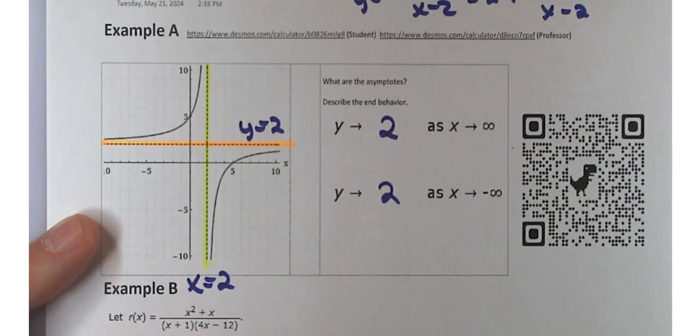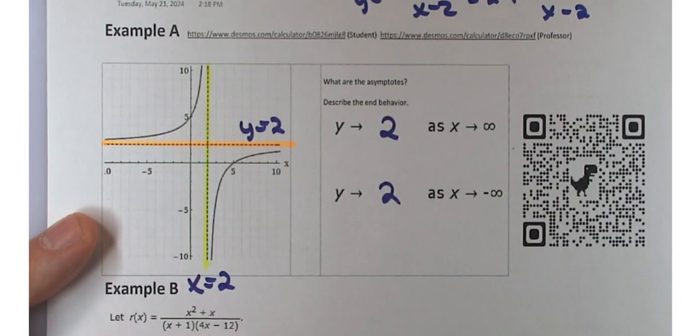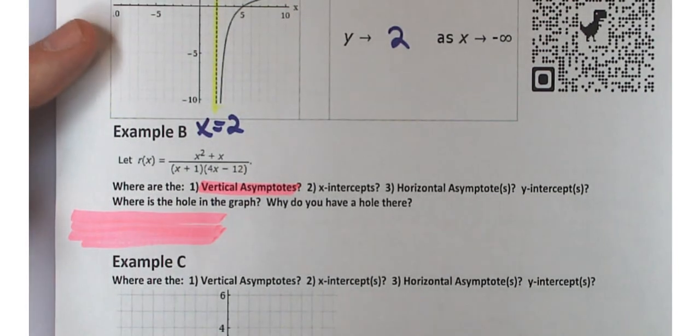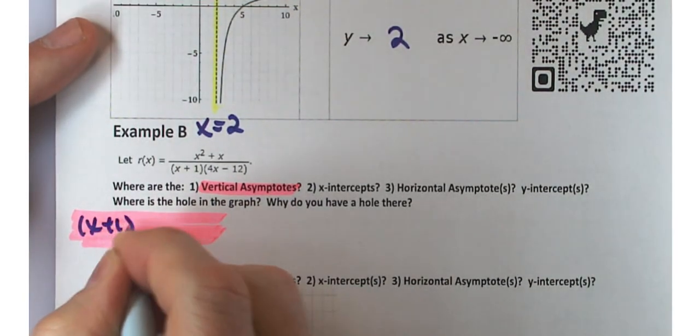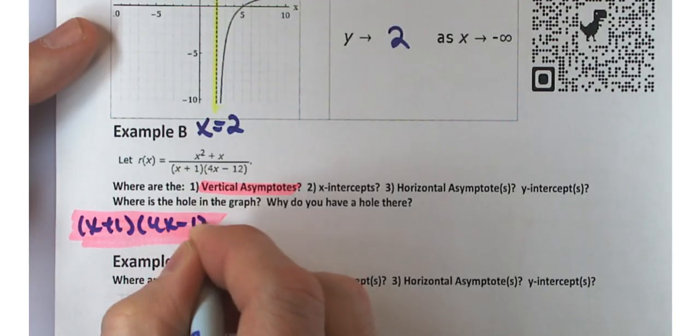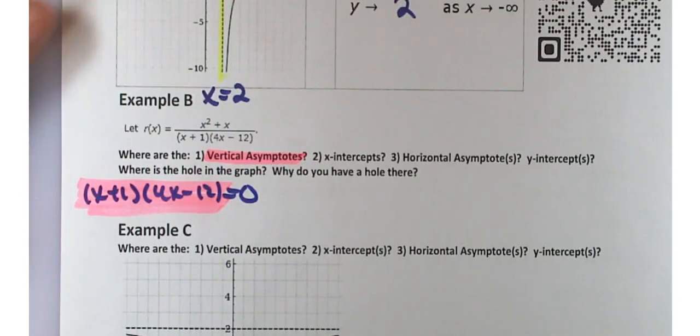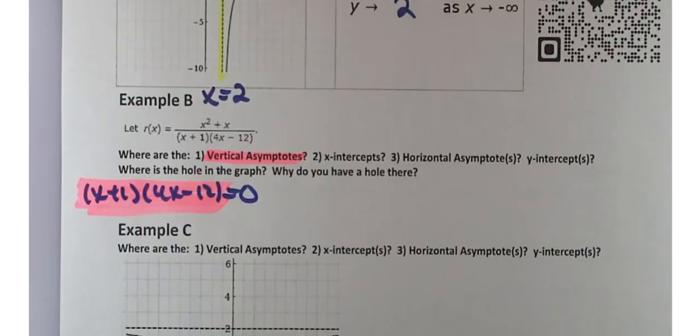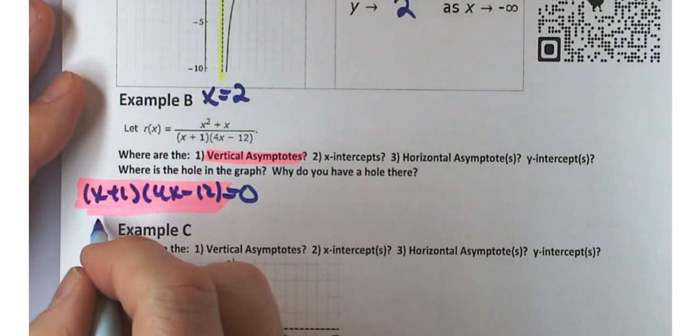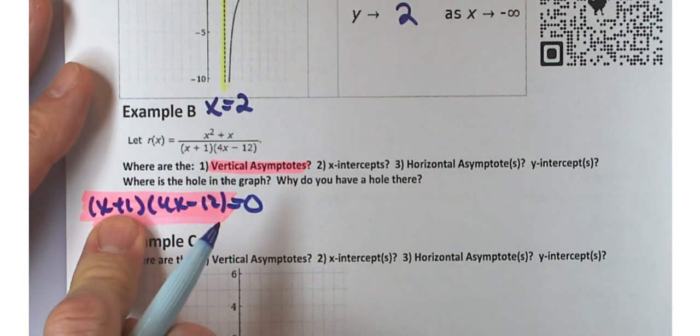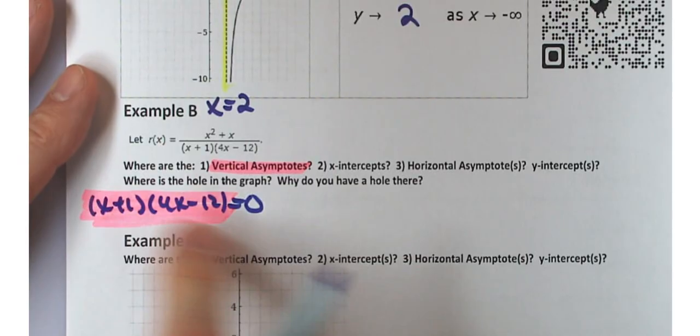Well, for that, I want to know where x plus 1 times 4x minus 12 equals 0. Now, one of these you can kind of just read right off of the equation. What's one of the solutions here? Where does this equal 0? What value of x?